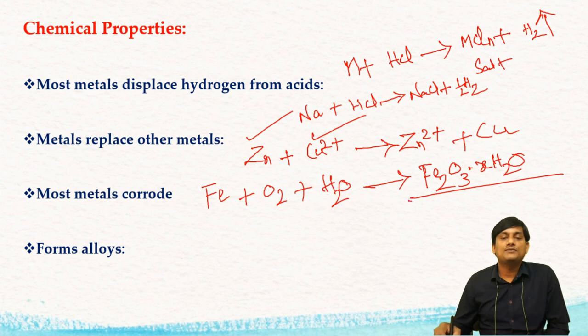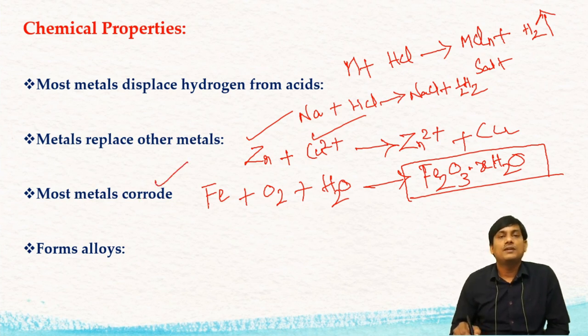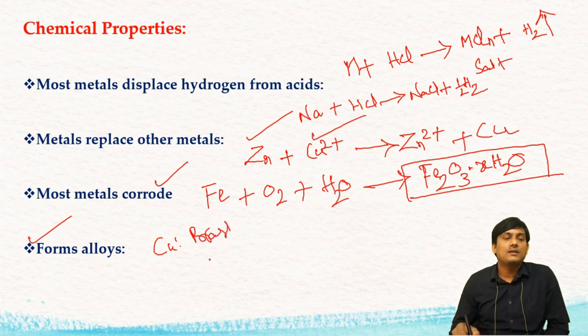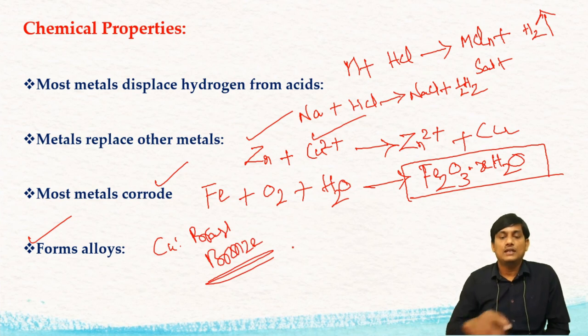Due to formation of this compound, there is rusting of iron. Similarly, most of the metals corrode in atmospheric conditions. And metals form alloys. If you take copper, it can form brass, bronze. Nearly all the metals can form alloys.